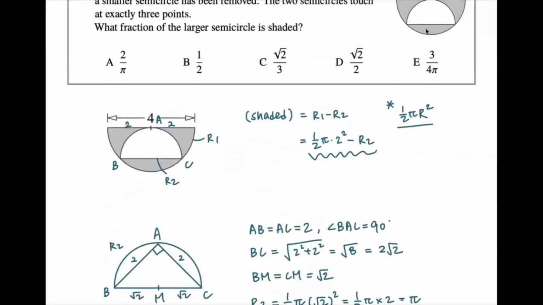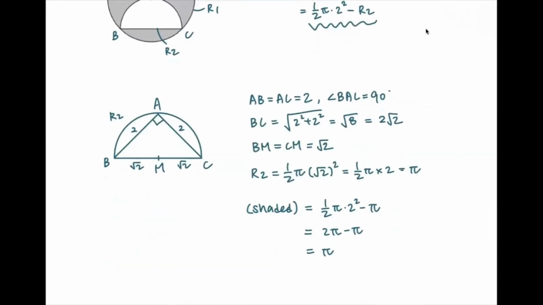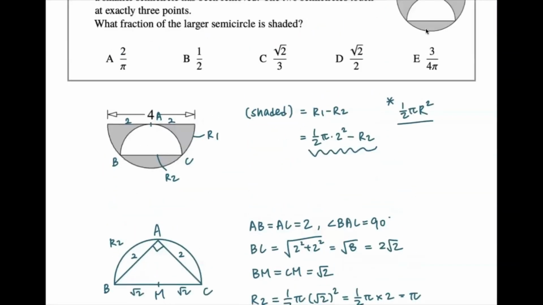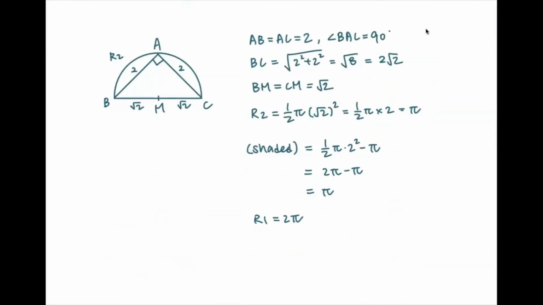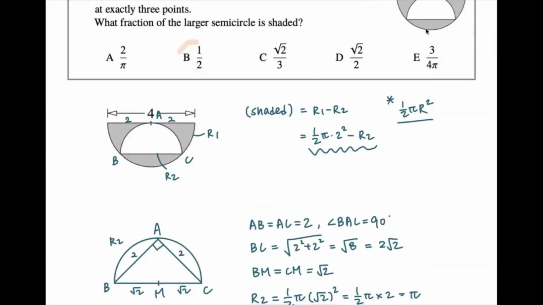We know that the largest semicircle is R1. We got R1 just now, which is exactly 2 pi. Therefore, what is the fraction of it? It's basically pi over 2 pi. And that's 1 over 2, which is half. And we get B, which is the answer.